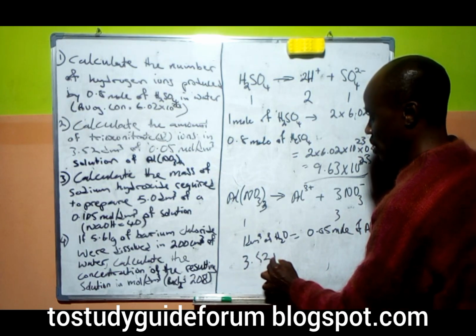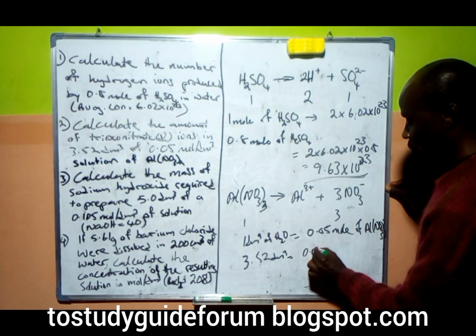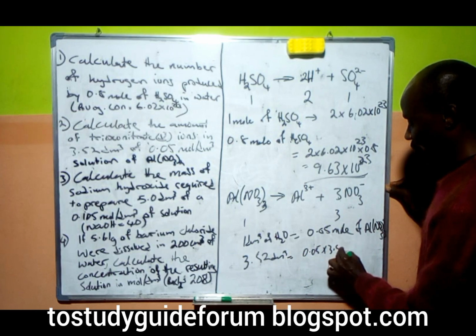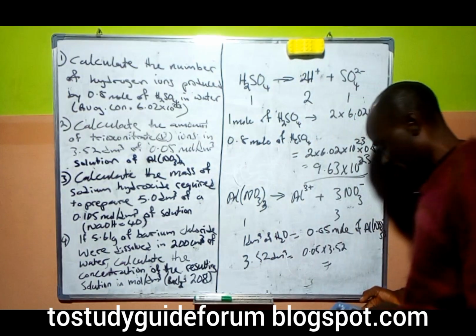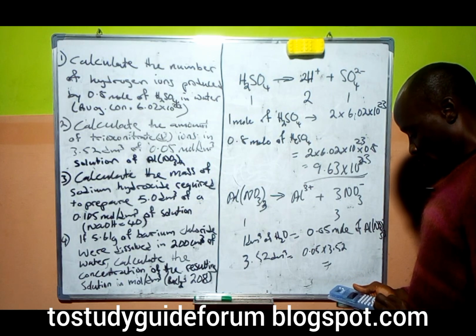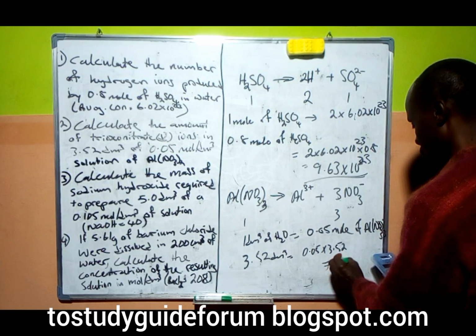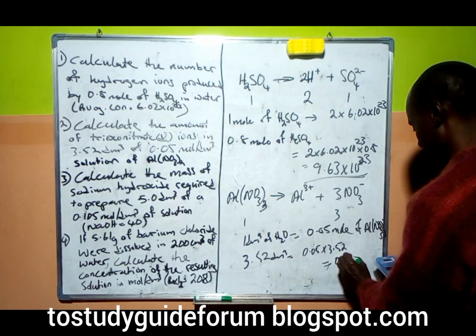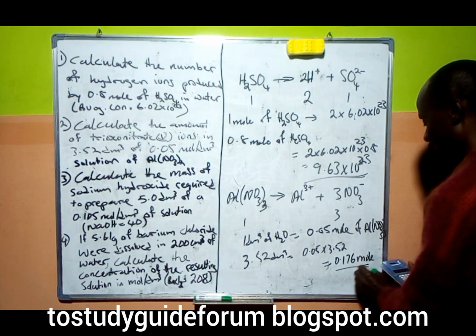Since we have that, what do we have in 3.52 dm cube? That will give us 0.05 times 3.52 dm cube. When we multiply 0.05 times 3.52, that will give us 0.176 mole.